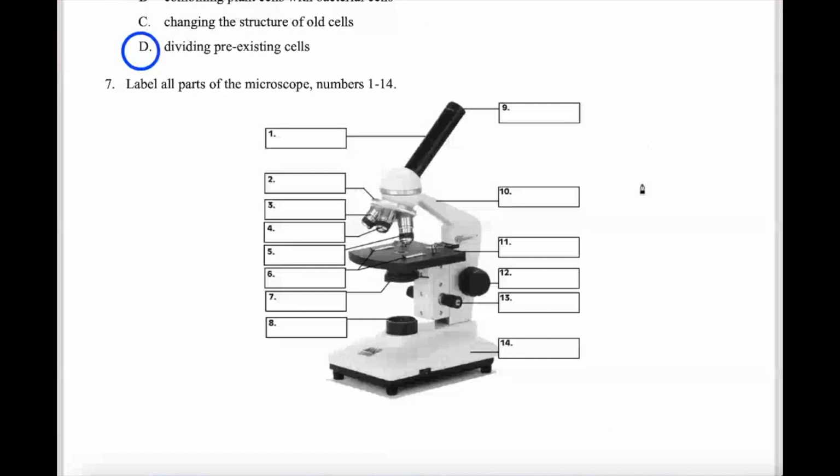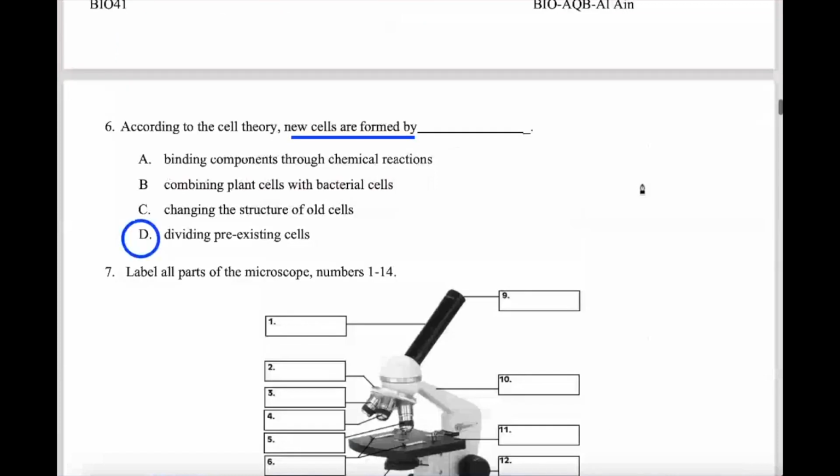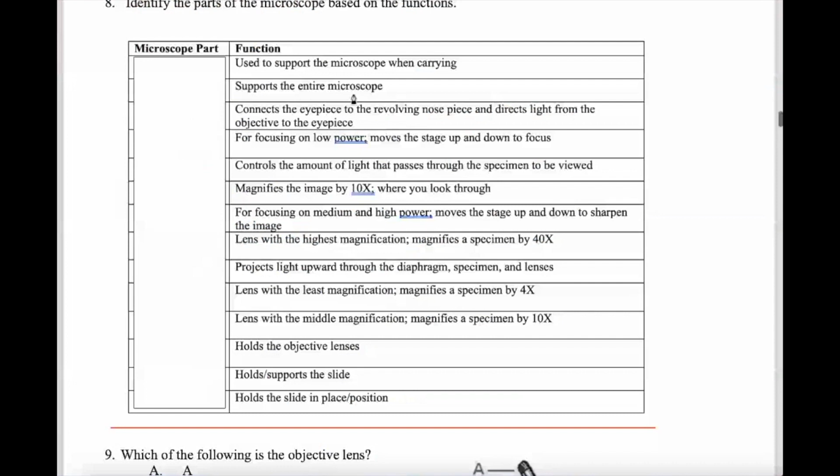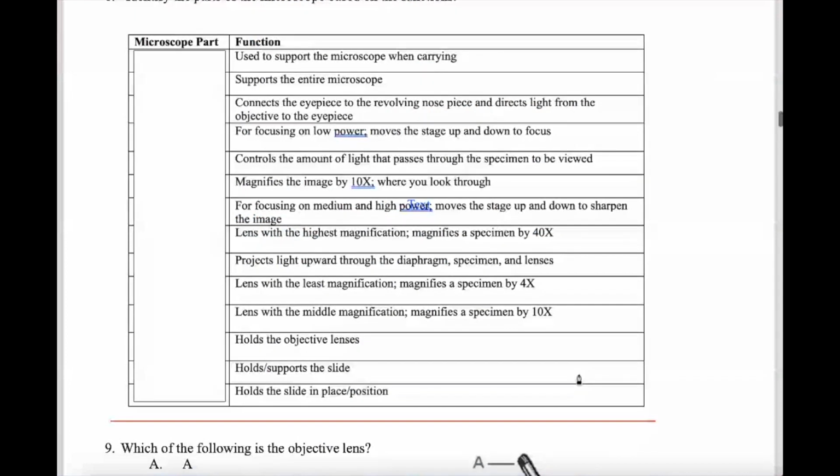No need for this right now because we have done a detailed discussion over here on how to label the picture, and also on what their functions are. So the first one: holds and supports the slide. Stage. Very good. Let me ask you one more: controls the amount of light that passes through.